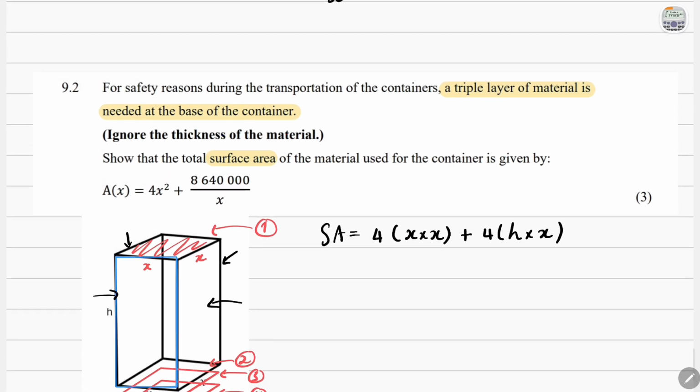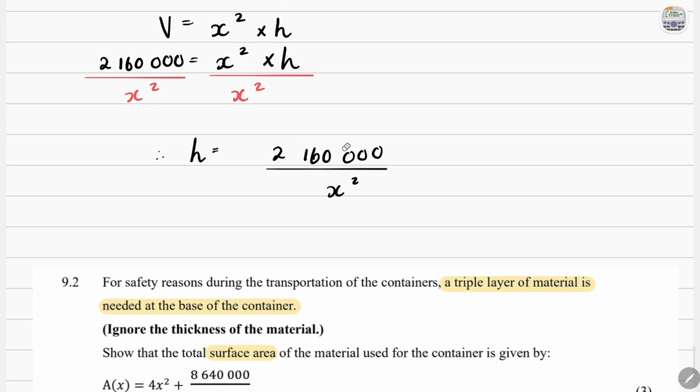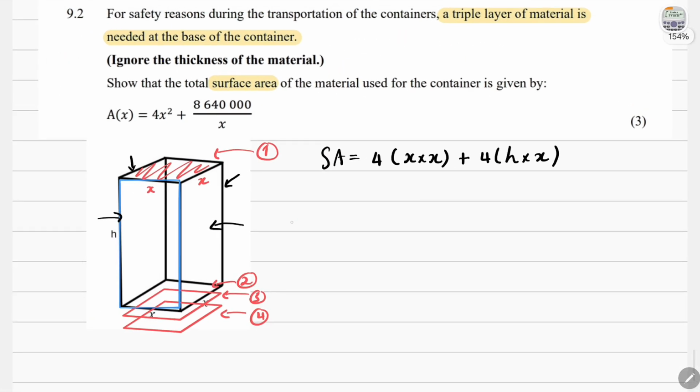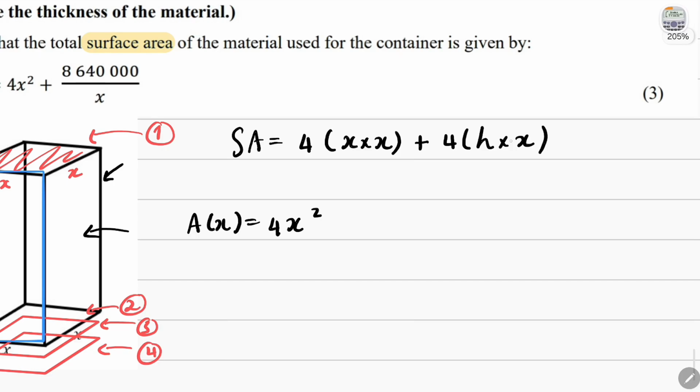So let's just substitute because we already have a value for h. This is in terms of x. So that's all we have to do. So we can finally call this A of x is equal to 4x squared. And then, you see, that's not 2 terms, it's 1 term. It's going to be xh.